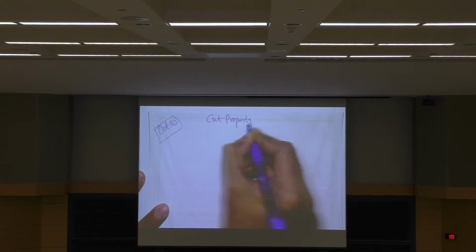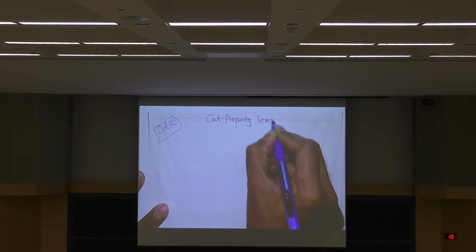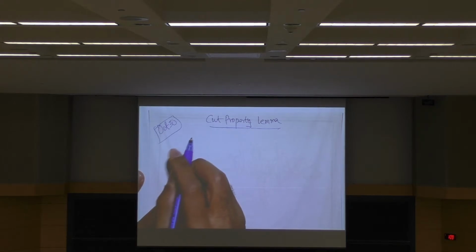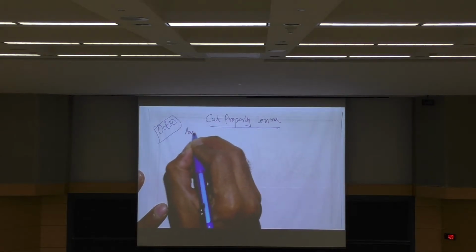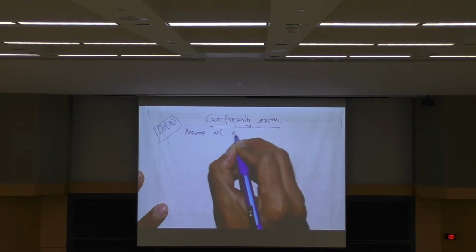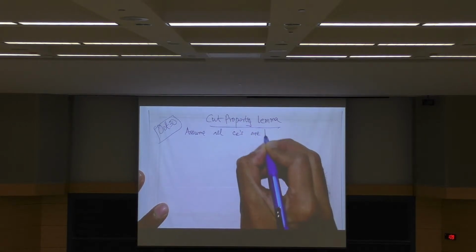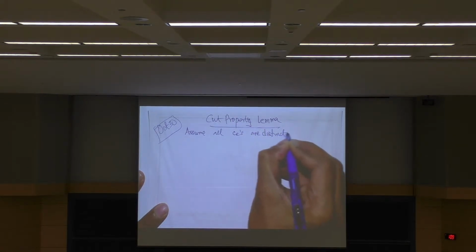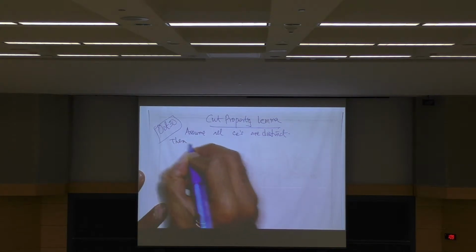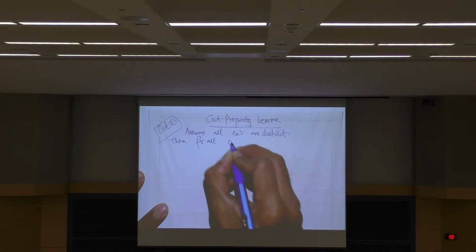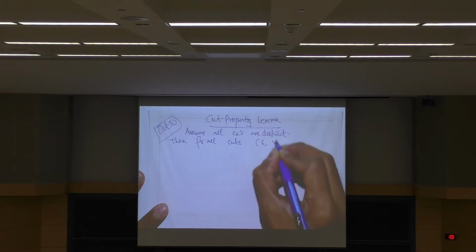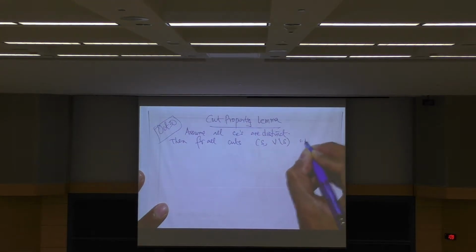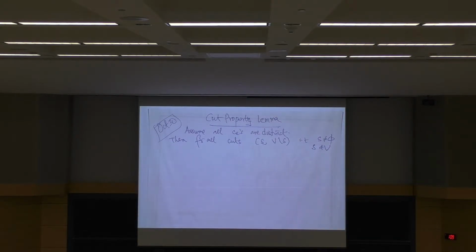All right, so we're going to do the cut property lemma. I said, assume all the edge costs are distinct. Then for all cuts, so again, a cut is S and everything else, such that S is not the empty set and S is not everything. Both S and the other part are non-empty.